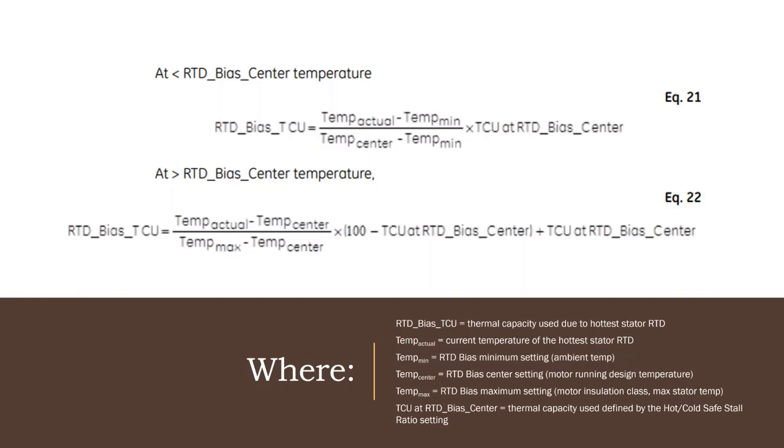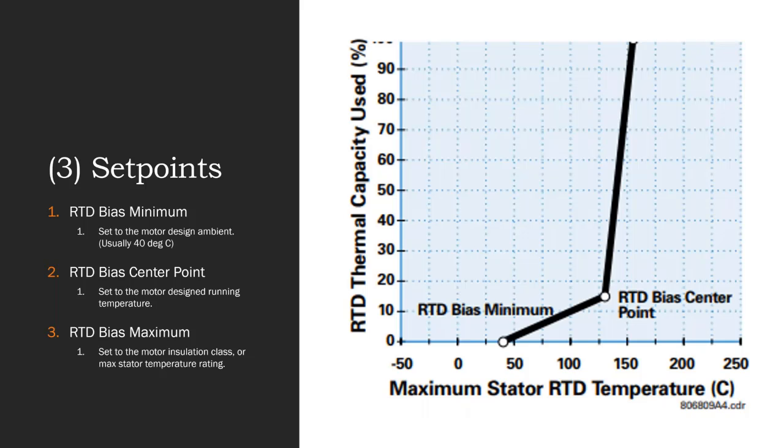The equation changes when the actual temperature is greater than the RTD bias center temperature to avoid dividing by 0. This equation basically normalizes where we are along that chart. I'm going to move back to that slide and show you what I'm referring to here.